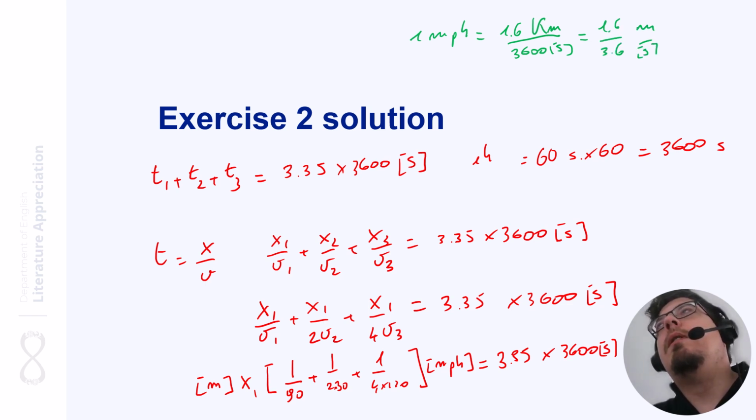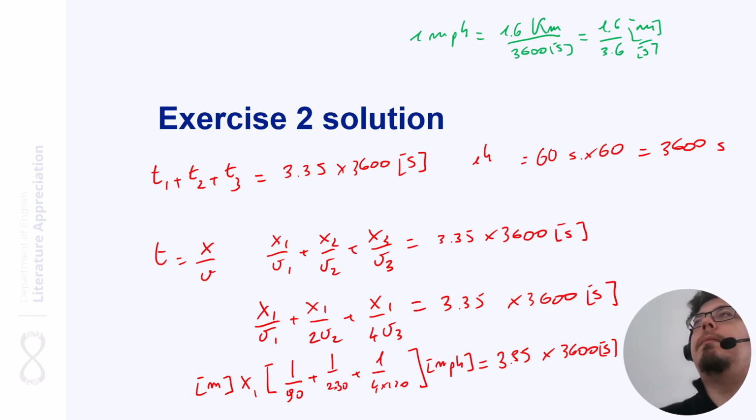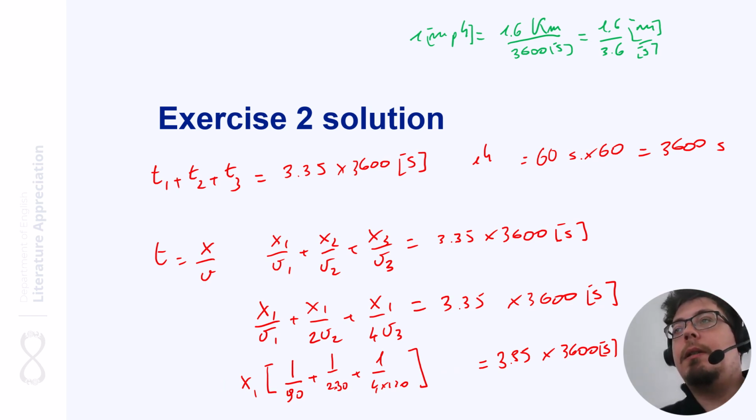So we need to remember this conversion factor, mile per hour in meter per second. Okay, so this is cancelled out with the meter per second. We have seconds and seconds, but we need just to stick in the conversion factor, which is 3.6 divided by 1.6 because it was divided by.